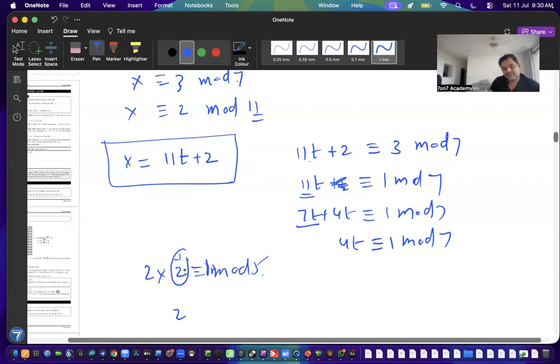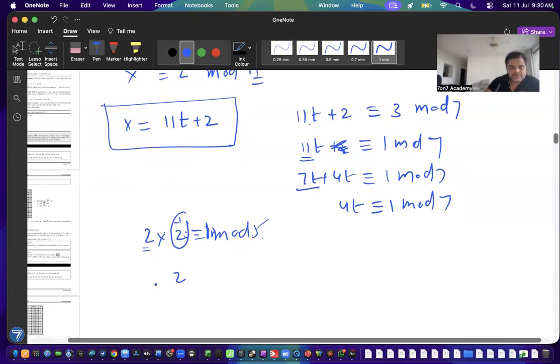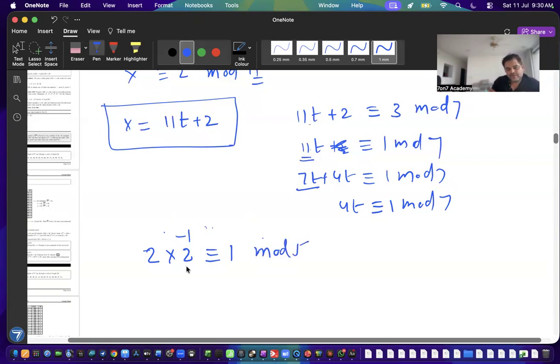That number is called the inverse of 2, because the product is 1. So for any number, if you multiply by some other number which gives 1 modulus, that number is called the inverse of the given number.